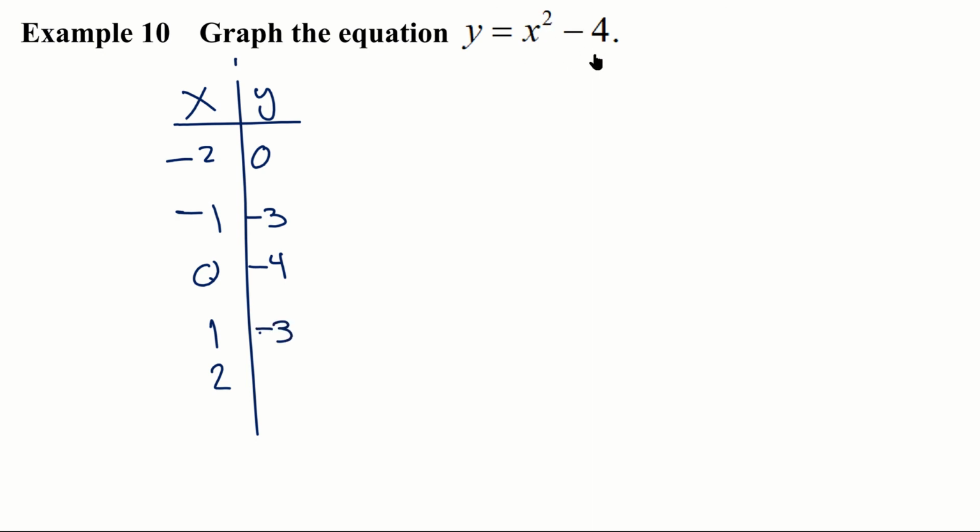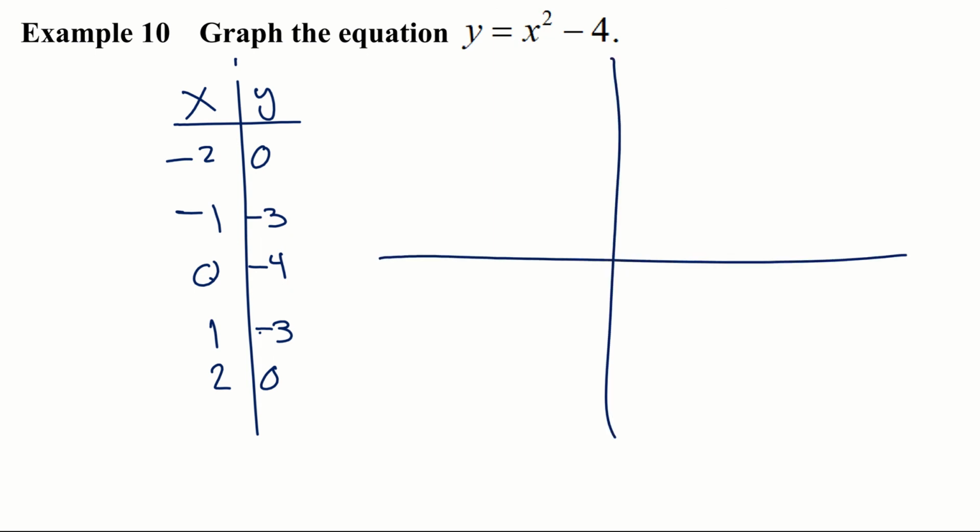And 2 squared is 4 minus 4 is 0. Here it's really nice to see the symmetry, as you can see right there. You can see this is going to be an important point. This is indeed the lowest point of this upward facing parabola. It's called the vertex. Again, we're going to learn quite a bit about these later.